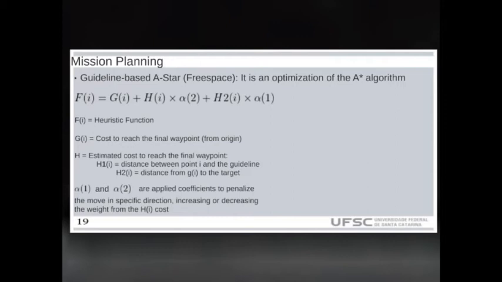Then if you have an F2 that has a smaller cost, because alpha 1 is smaller, or I'm sorry, if the sum of these terms is smaller, then this heuristic function will say, okay, choose this point and not this point in the lateral, because it's more expensive.